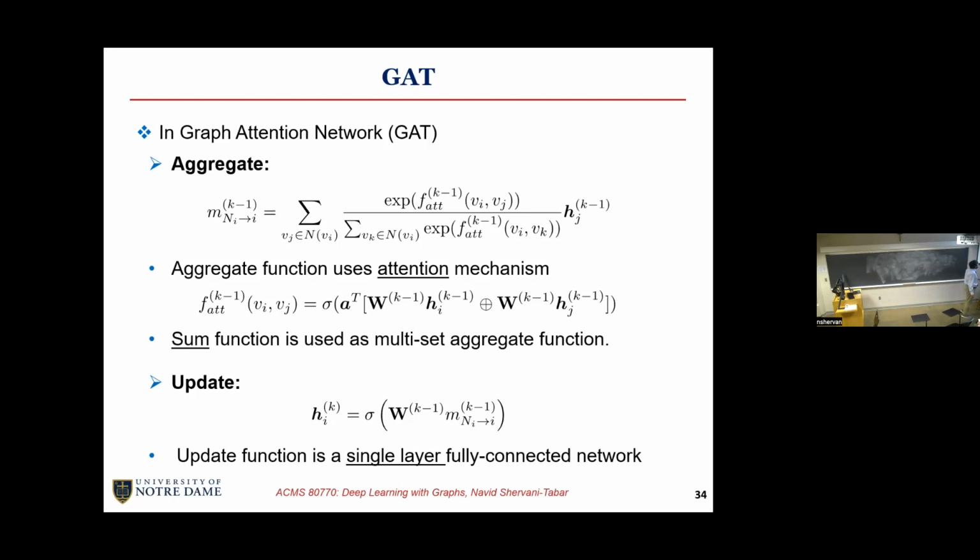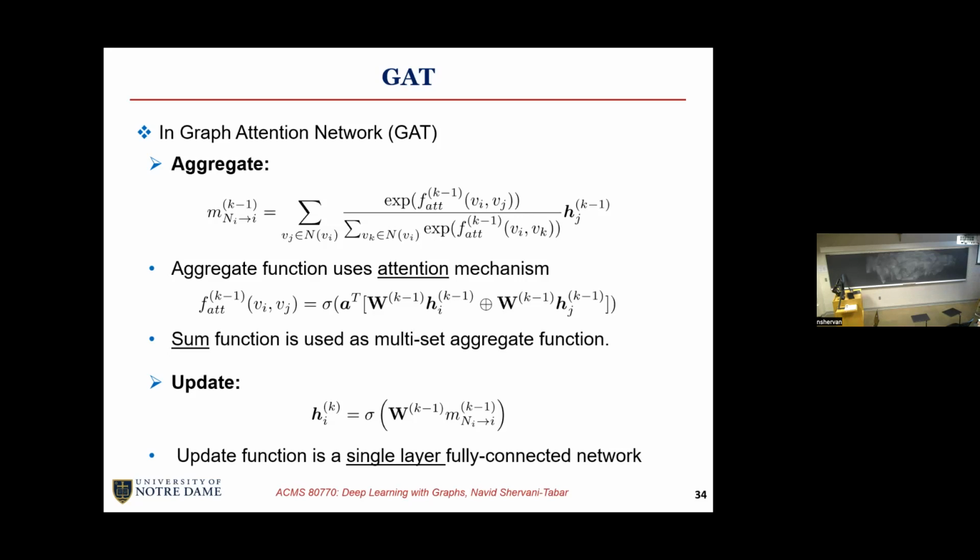For that, it needs an attention mechanism, which is a function that returns coefficients representing how important different neighbors are. To compute that, in this graph attention network, they pass each embedding through a single linear layer without non-linearity.